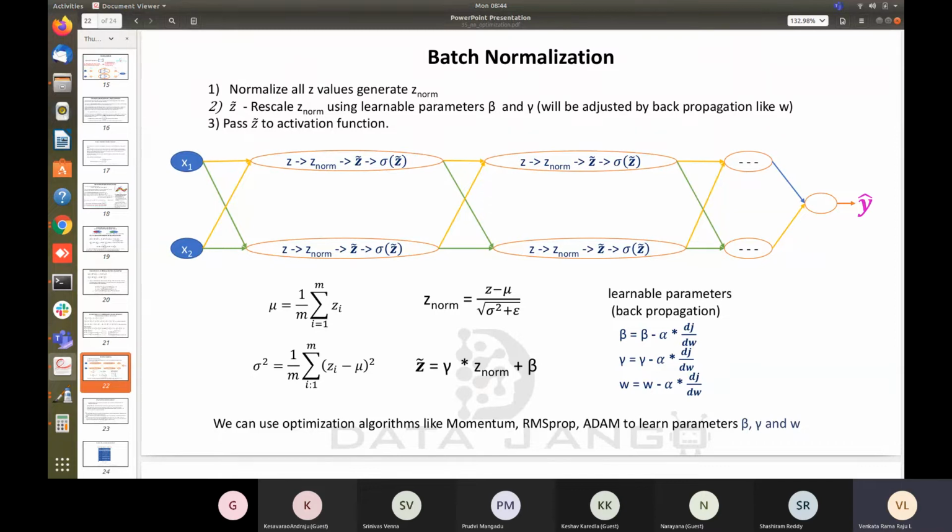There it actually works: supervised dimensionality reduction and batch normalization will work. Even in DNN also it is there, but I'll highlight that part later.